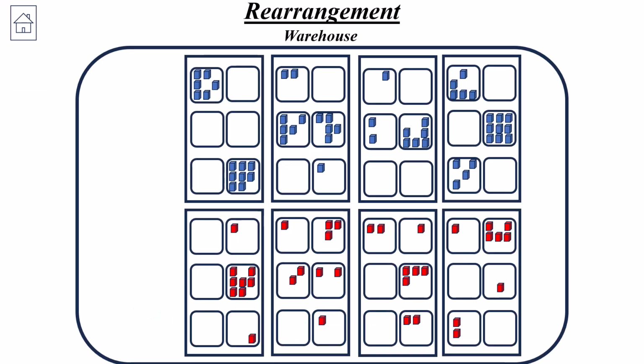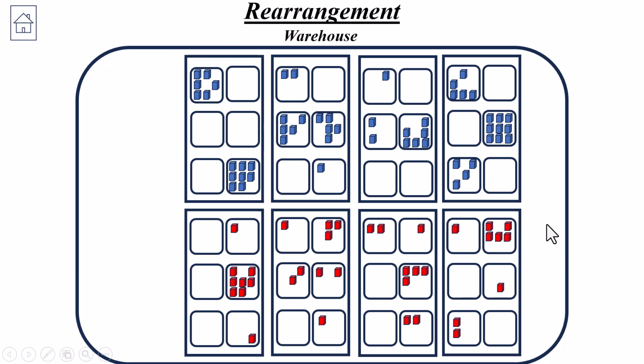And let's get into another topic, rearrangement. Now, let us consider that after one day of delivery, you have picked from different storage bins. In the upper one, this is one storage type, and this is another storage type where we place the blue products, and here we place the red products.